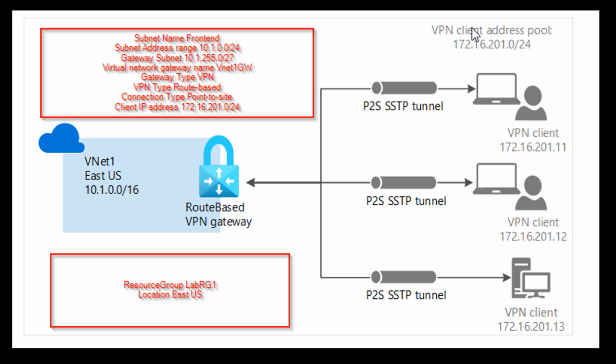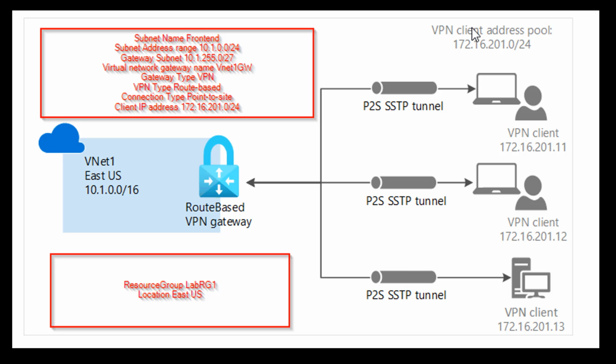Here we have a nice picture of the lab we're going to proceed with. We're going to have a VPN client. It's going to use our laptop to RDP through a tunnel to our VPN gateway to a VM in our VNet.